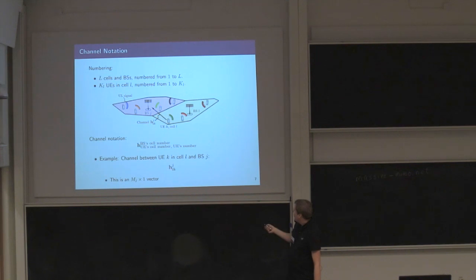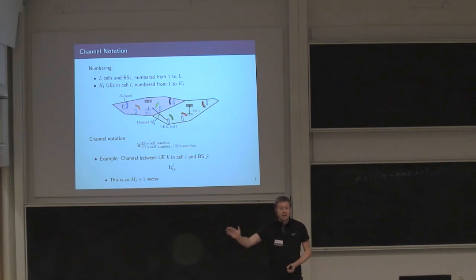So we have h_{L,k}, and when I look at the channel to, for example, base station J, I put J here in the superscript. So this is an example of the channel between user k in cell L and base station J in another cell. And by switching the different indices in the superscript, we can go through the channel from this user to any other base station in the entire network.